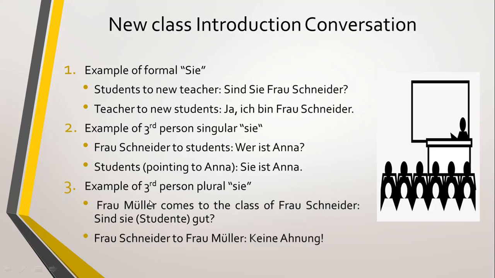And here "Sie" refers to the students, to which Frau Schneider can answer something like "keine Ahnung", which means no idea. We know that in a new class that has just begun, a teacher cannot really judge the students yet, so she says something like no idea. I hope that these three examples clearly show the difference between the three "sie"s that we have as German personal pronouns.